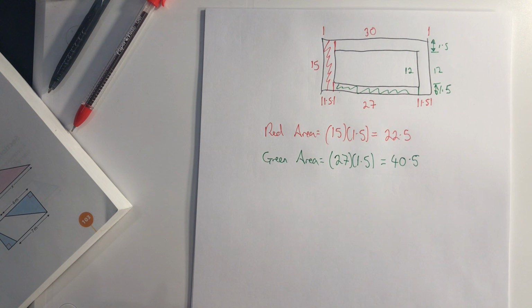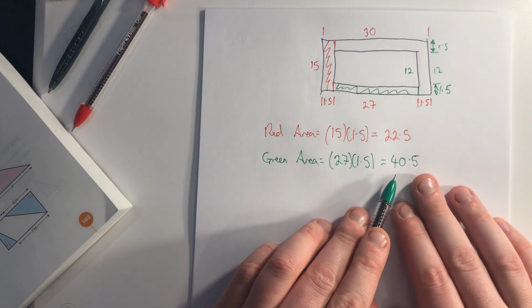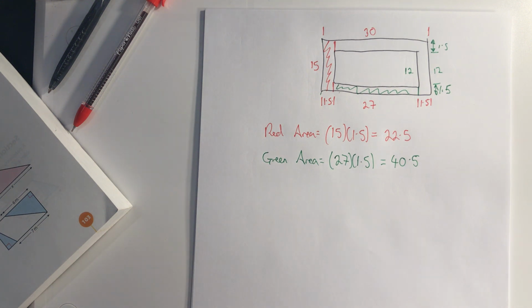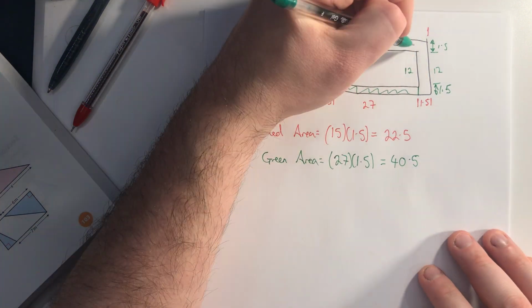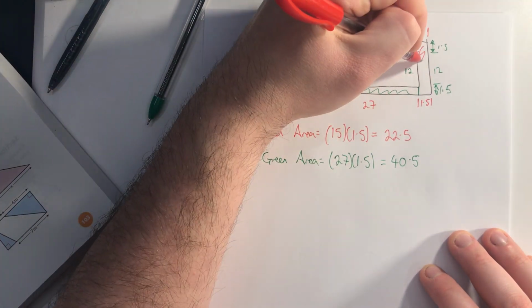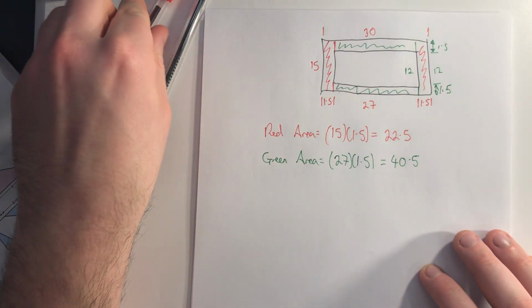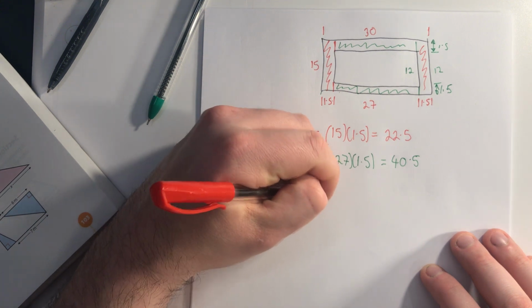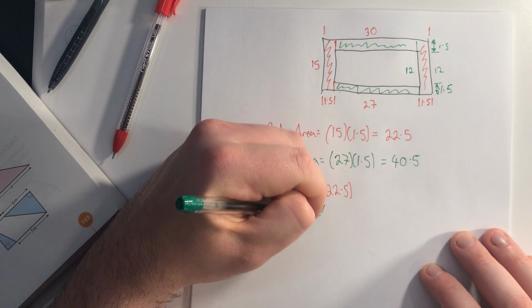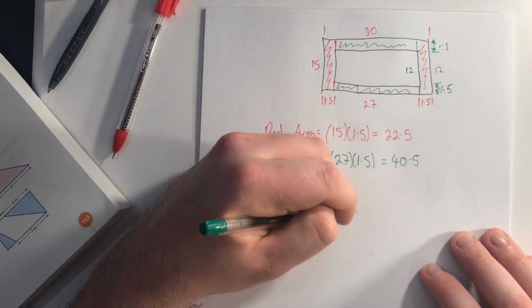Now, if I add these together, that will be half of the area of the border. Or I could think about it that there's another green area up here, and there's another red area down here. So I have 2 times 22.5, and I have 2 times 40.5.